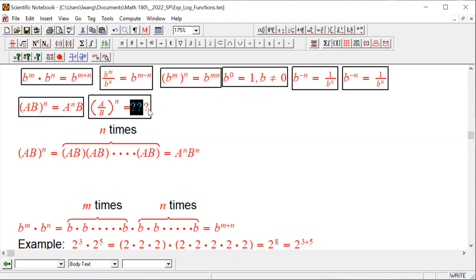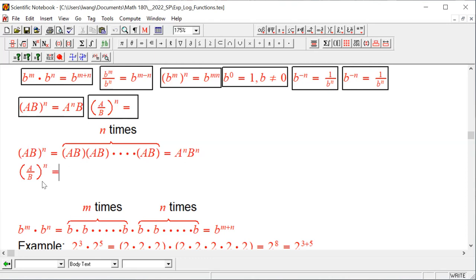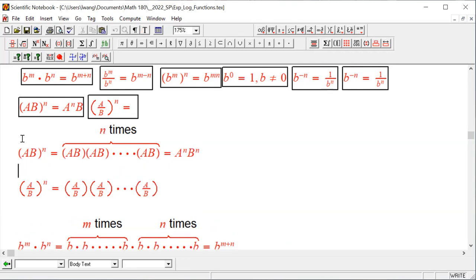Handy. How about this one? Needless to say, this is going to be A divided by B, N times, 1, 2, 3, right? And there are many times in between. So once again, it's N times.